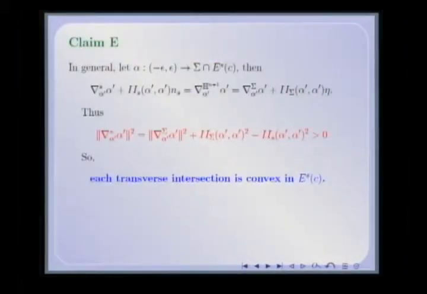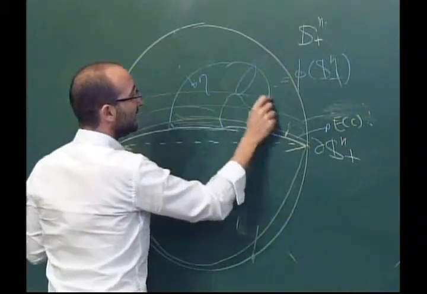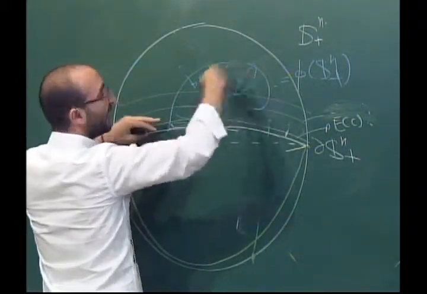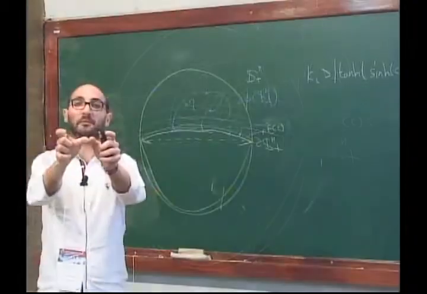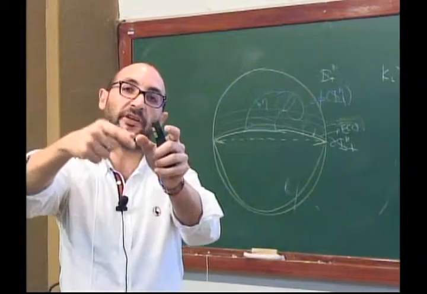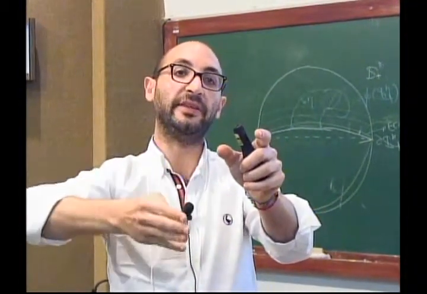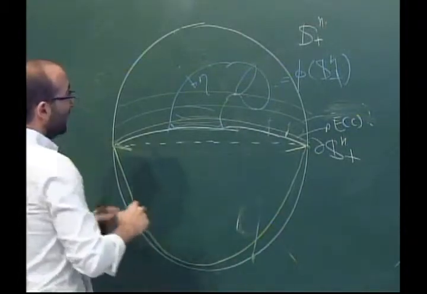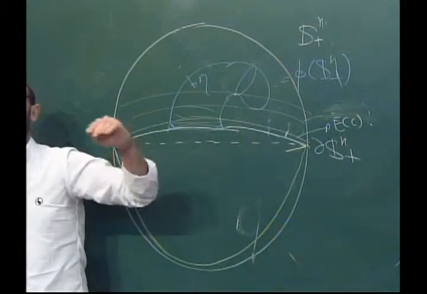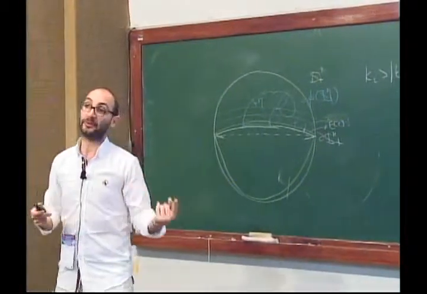So, suppose you have this, and at some point, since this is a homotopy half sphere, these two components have to join in one. But this means that you have some principal curvature going in one side of the equidistant and the other in the other side of the equidistant, which contradicts the fact that the principal curvatures all point in the other direction. So at each level, you only have one connected component, and if it's transverse, it has to be embedded.